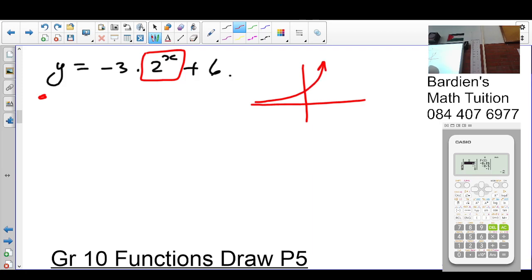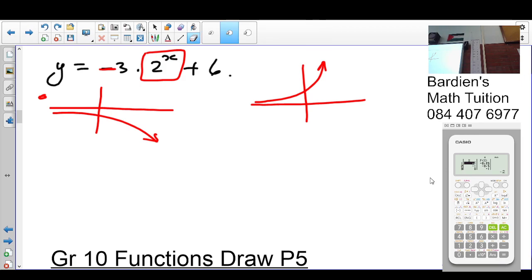But because of this negative, it's going to be reflected in the x-axis. Can you see that, people? So in other words, this graph is actually going to do that, as I just showed you in the previous explanation.